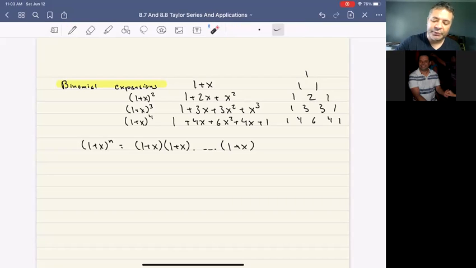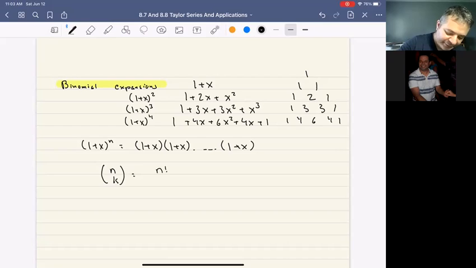This is how you generate them if you're doing them by hand and don't have a calculator, but you can also do this sort of choosing thing. N choose k comes out to be n factorial over k factorial times n minus k factorial. Not so crazy a formula, actually, but it takes some getting used to.